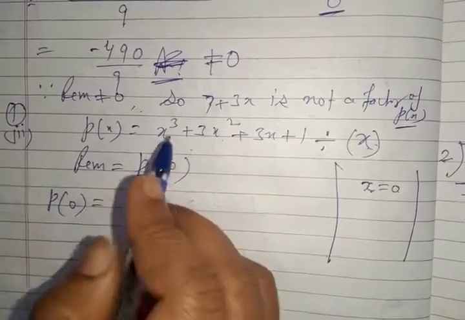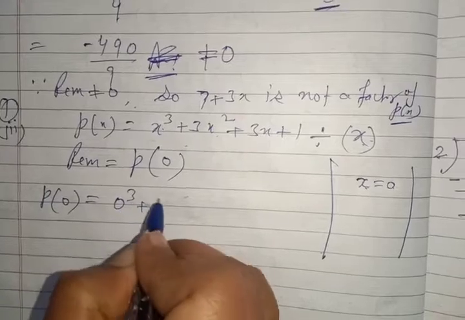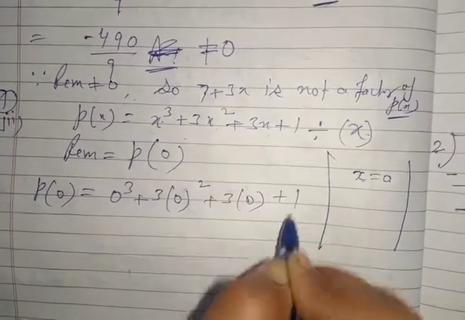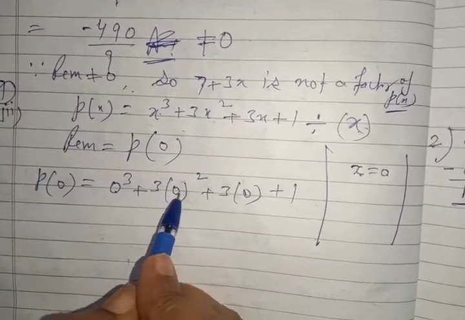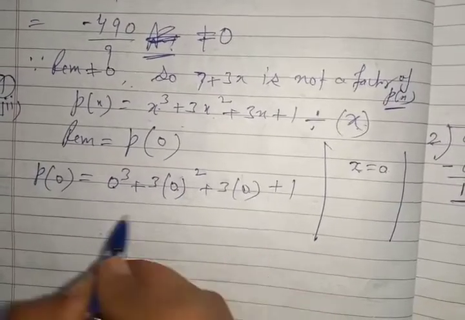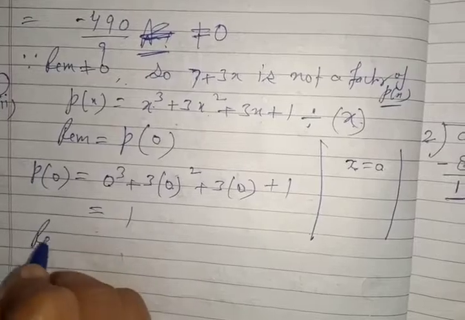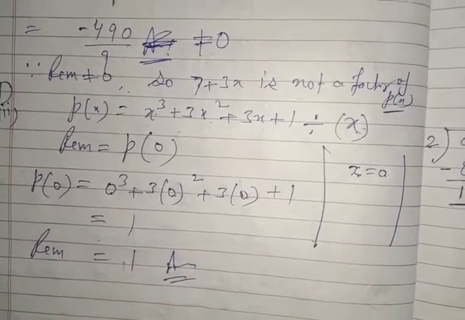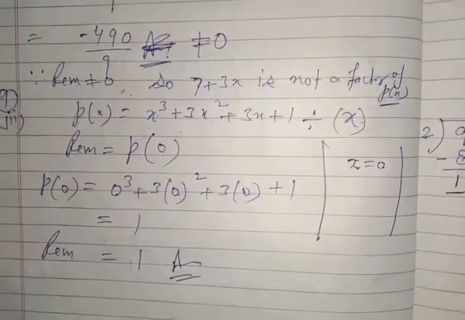Put x as 0. P of 0 is 0 cube plus 3 times 0 square plus 3 times 0 plus 1. This is 0, 3 multiplied by 0 is 0, 3 multiplied by 0 is 0, so what is left? 1. So in this question the remainder is 1. I think now you can do exercise 2.3 completely. Thank you.